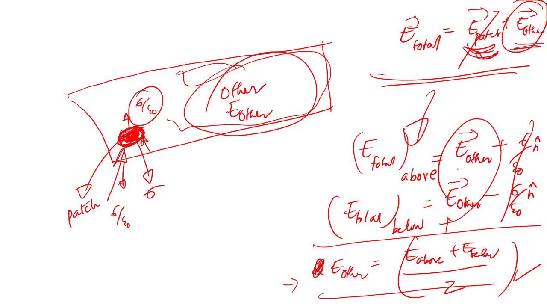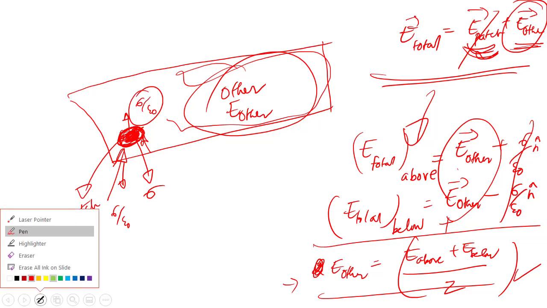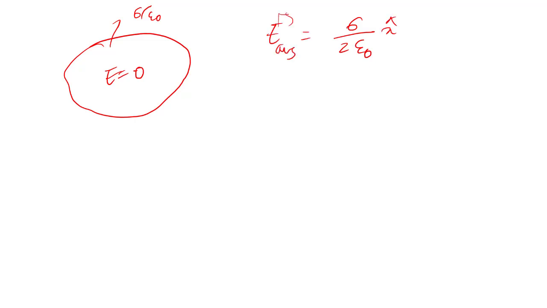Inside the conductor there is no field. Outside the conductor there is a field of sigma by epsilon naught. So the average field is sigma by 2 epsilon naught, so E average would be sigma by 2 epsilon naught, pointing along n.